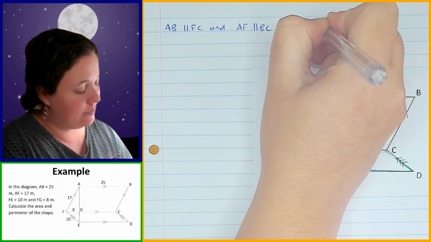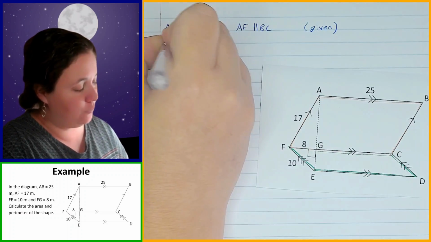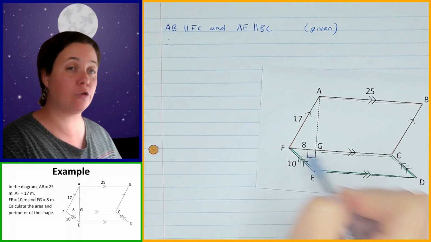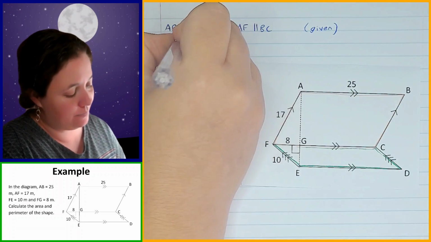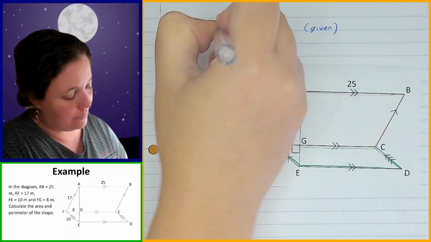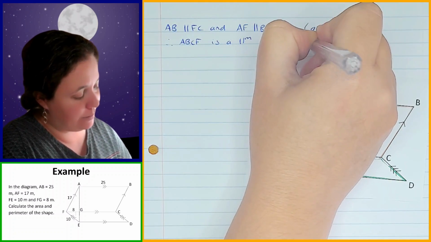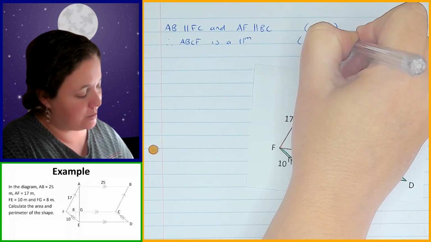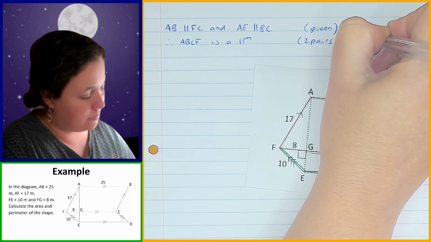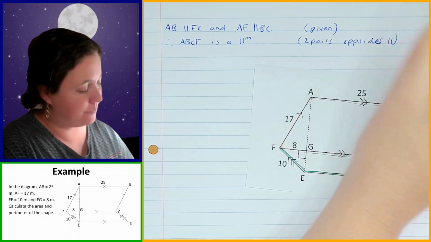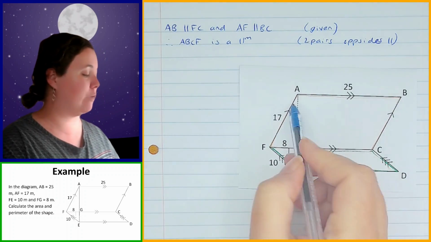And that was given. So therefore, that quadrilateral ABCF is a parallelogram. 2 pairs of opposite sides are parallel. Okay, so now I know what type of quadrilateral that is.